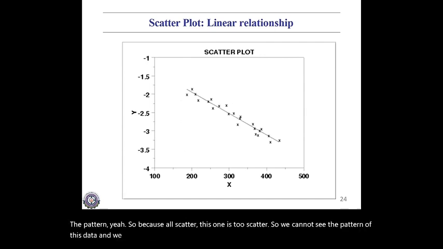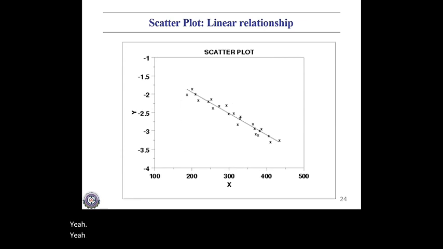With this one we can say there is a linear relationship between X and Y in this scatter plot, because the data is just surrounding this line, so we can see the pattern or the trend of this data. So this is a linear relationship.